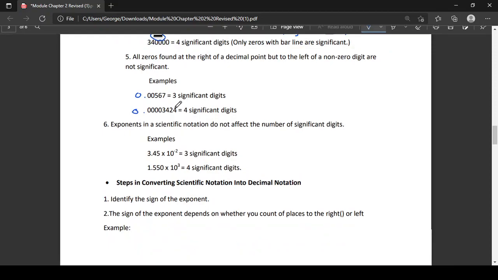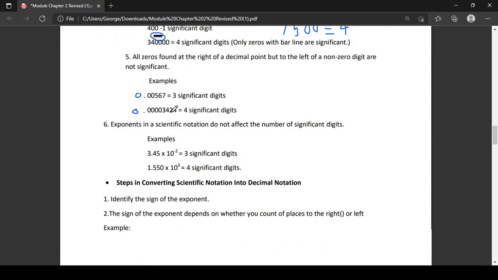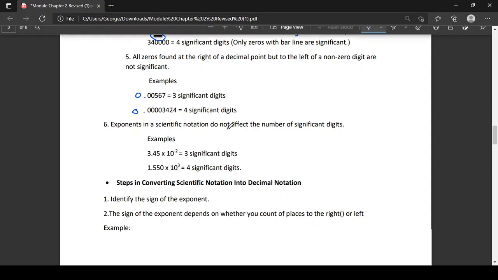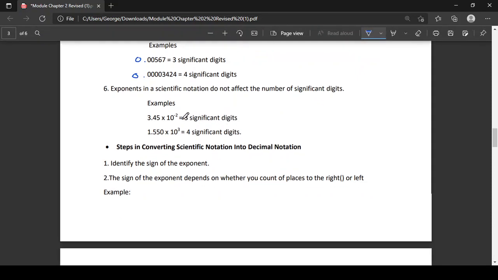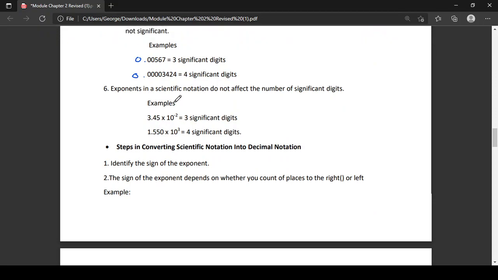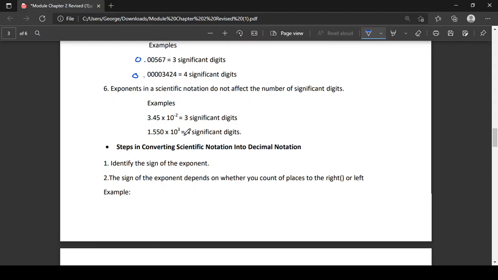Okay na. Rule number 6, kids. Exponents in a scientific notation do not affect the number of your significant digits. So, kids, hindi na siya counted when we are dealing with counting your significant digits.